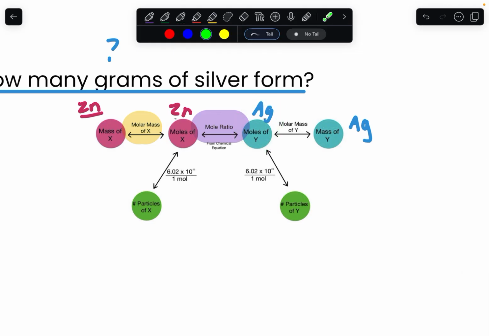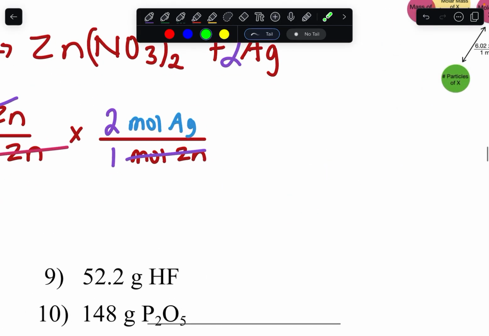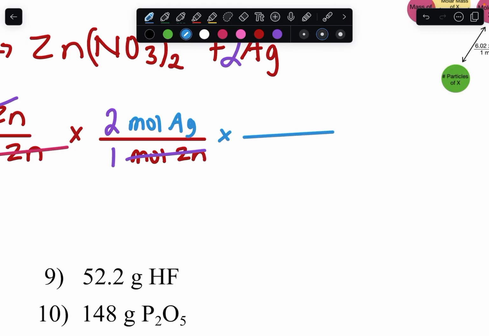The question asked me to find grams, or a mass, of silver. So I have one more step, and that step is to go from moles of Y into a mass of Y, or moles of silver into a mass of silver, using my molar mass of silver. Since my unit is moles on the top, I know that my moles of silver need to be on the bottom. What is the mass of 1 mole of silver?